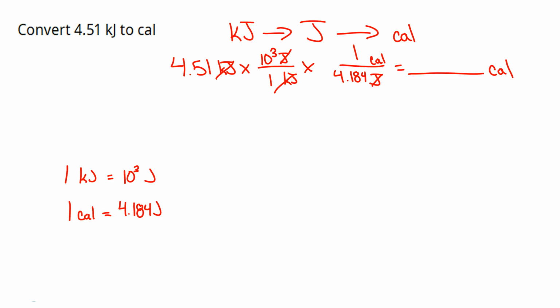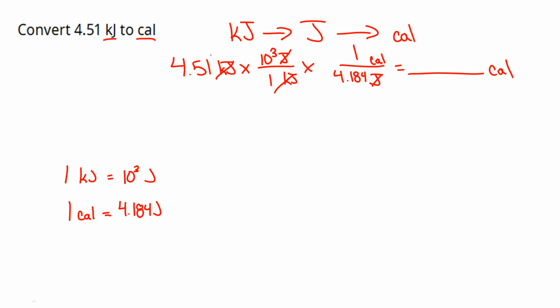I'm going to point out one of the strategies I'm trying to show you. A lot of times when I'm doing these types of problems, I map it out up here first. I try to predict where I'm going from and where I'm going to, and then I figure out the steps in between. Here we're going from kilojoules to calories.